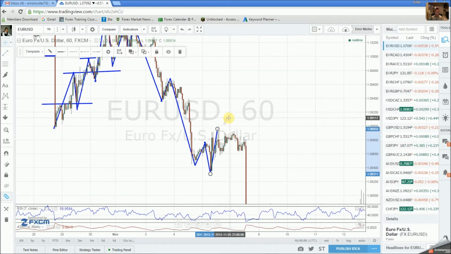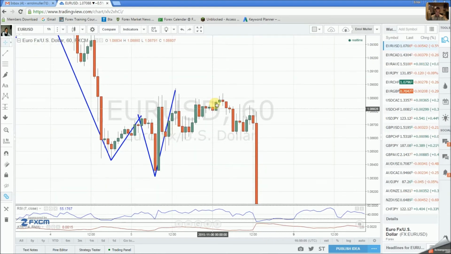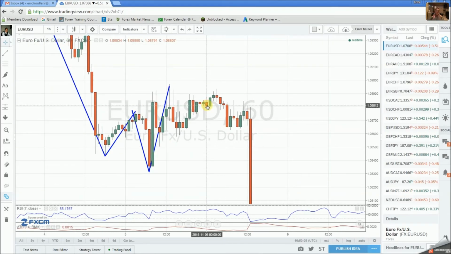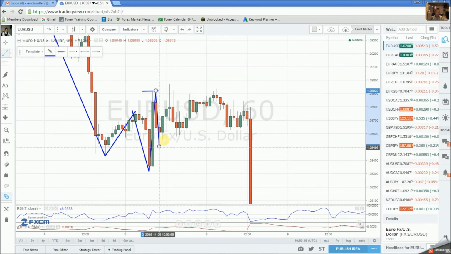But let me quickly explain this to you. In order for me to get a new structure high or a new structure low, let's say this move here is my previous structure high. In order for me to get a new structure high, I need this leg. Let's quickly do this. If this was my move here, we came back down, we came back up, and then we came back down.